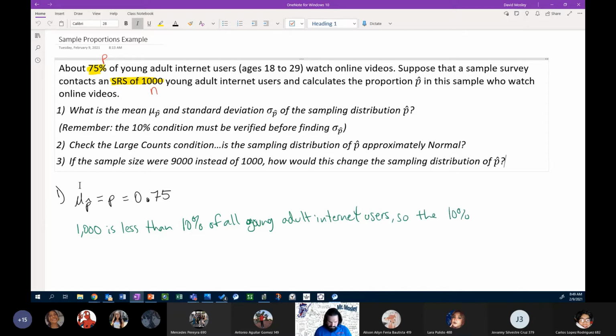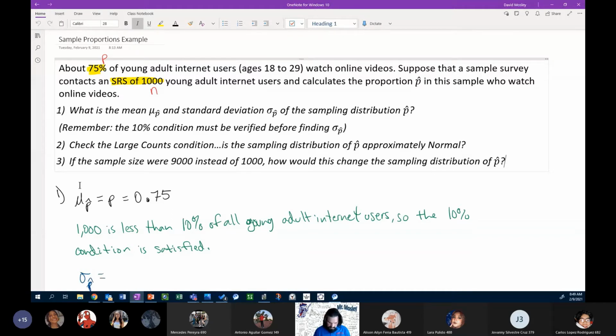So the 10% condition is satisfied. That's good. So then we can do our calculation for the standard deviation.